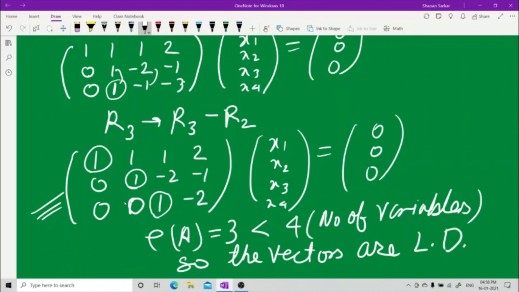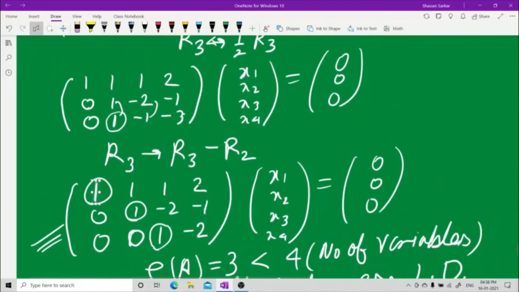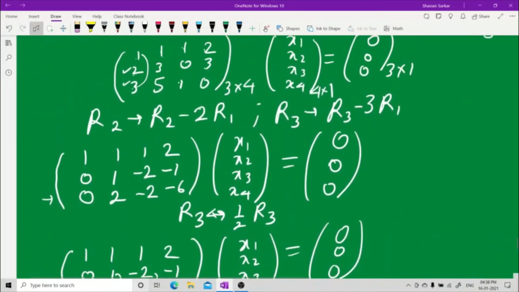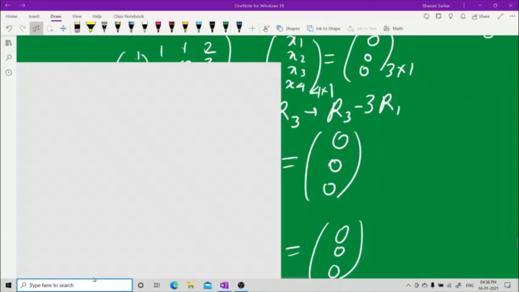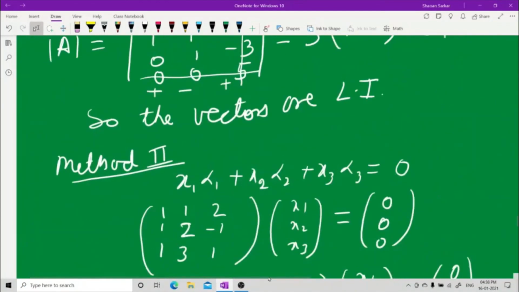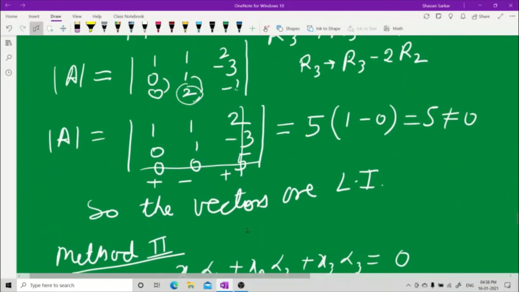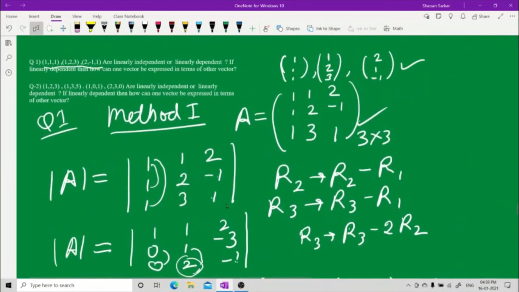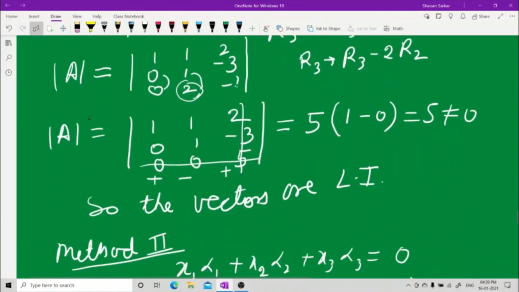Now if you see the question, they are asking: if they are linearly dependent, then how can one vector be expressed in terms of the other vectors? This is the second part. Now we have found they are linearly dependent, so we will carry on further.